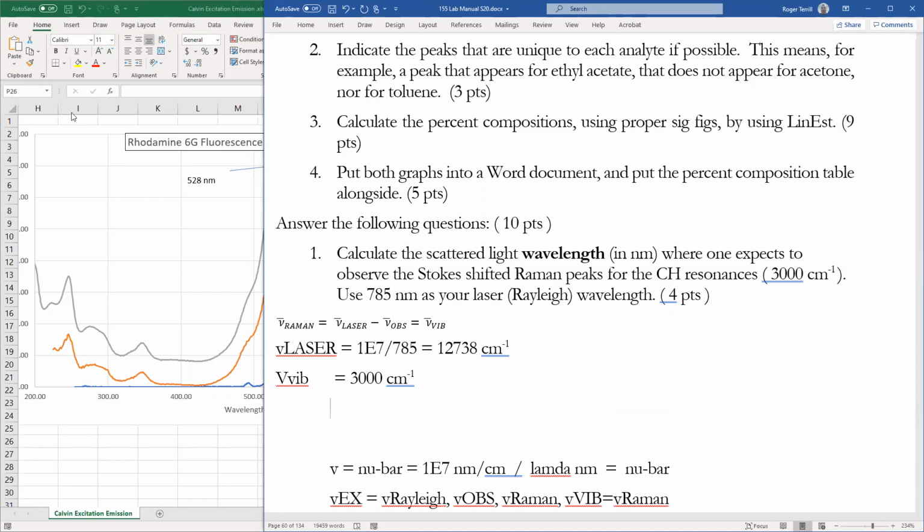So V observed will equal V laser minus V vibrational, which is 12,738 minus 3,000, which will equal 9,738.